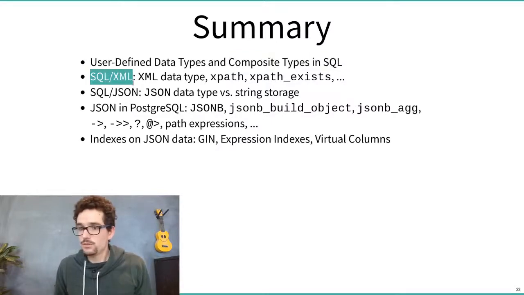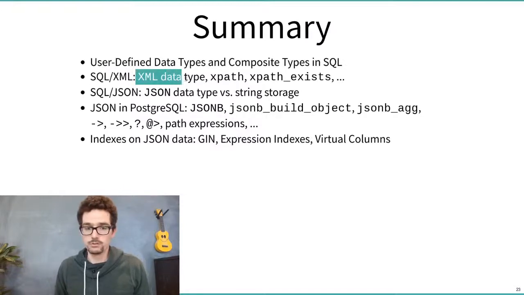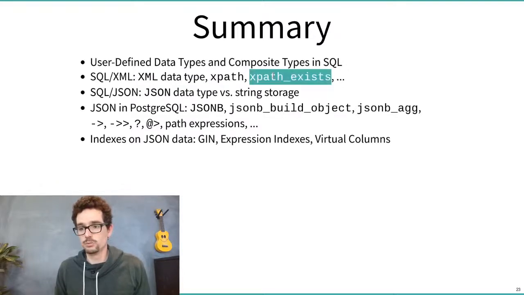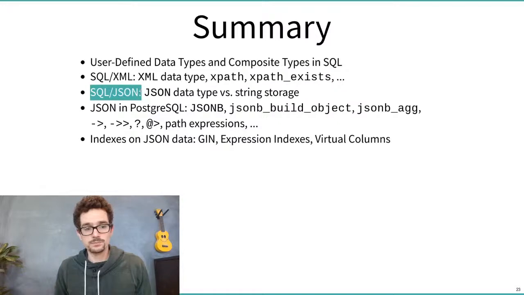SQL/XML is the standard to support the XML data type. This column is of type XML, so we store XML data in it, and then we saw how to write XPath queries on that data, how to make predicates, whether an XPath query produces a result or not. And we took a look at SQL JSON.